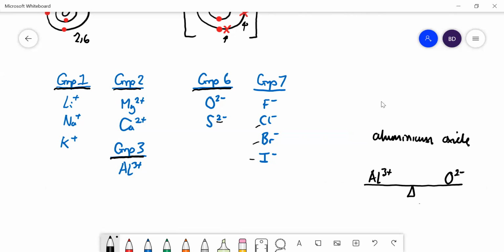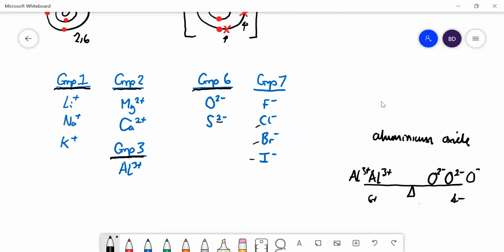Obviously it's too many pluses, so let's put another O2- there. Now we've got too many minuses, 4 minuses on this side, so we need another plus here, so let's put an Al3+. Now it's too heavy for positives because we've got 6 plus on this side and only 4 minus on that side. So what do we do?